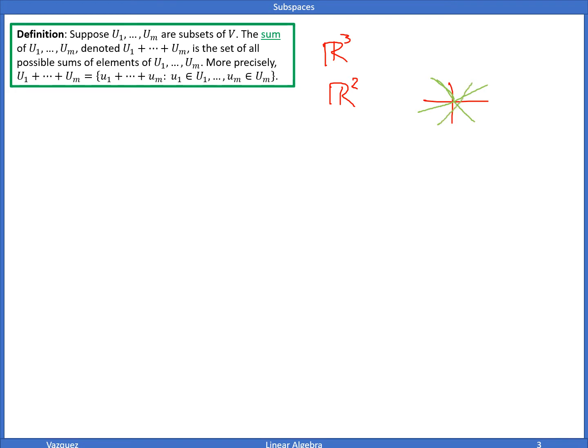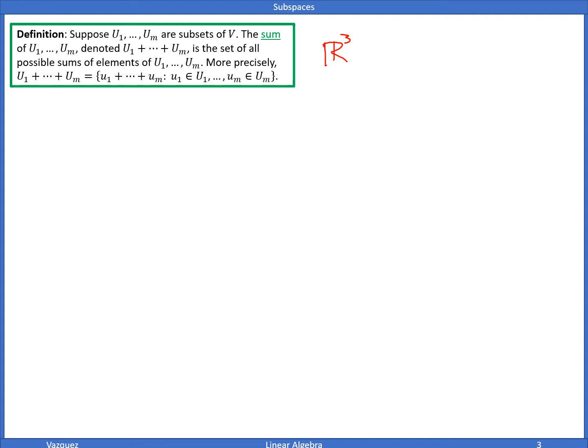The origin has to be included in there. These lines aren't passing through the origin, but they do have to pass through the origin for them to be a subspace. Also, you could just include the 0 element and it'll become a subspace as well.